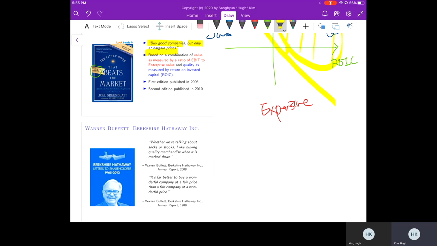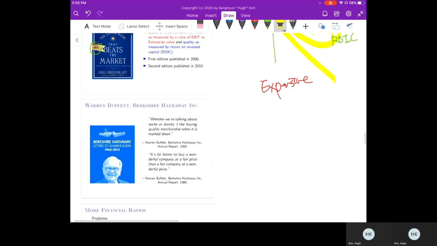Here are quotes from Berkshire Hathaway's annual report. As you can see here, whether we're talking about socks or stocks, I like buying quality merchandise when it's marked down. So Warren Buffett also recommends investing in quality companies, but not too expensive ones.